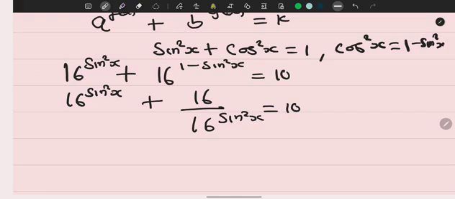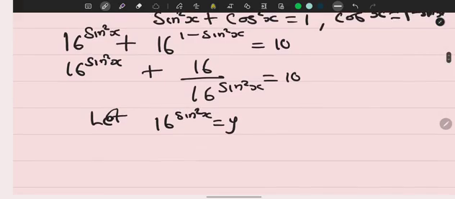Okay, so from here, let's let 16 to the power of sine squared x be y. So any place you see 16 to the power of sine squared x, you replace that with y. So now we're going to have y plus 16 over y equals 10.